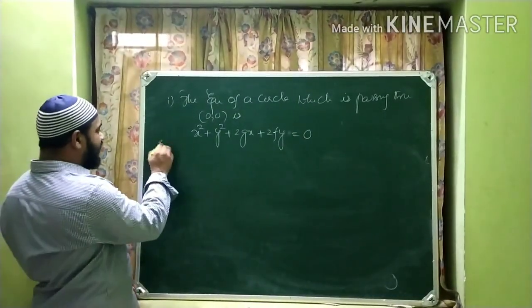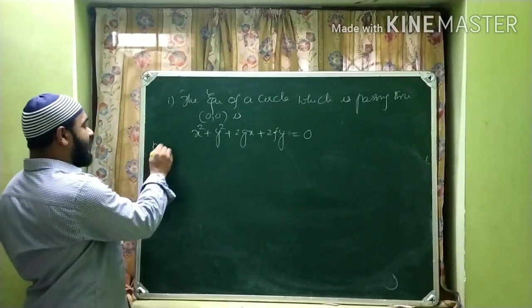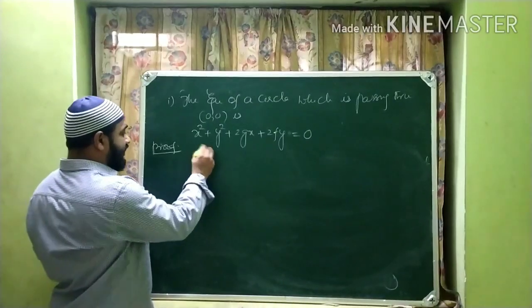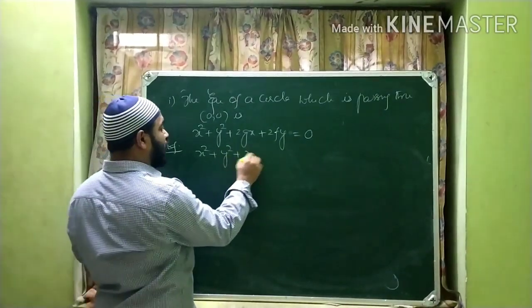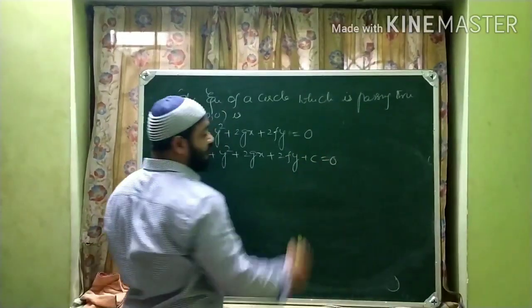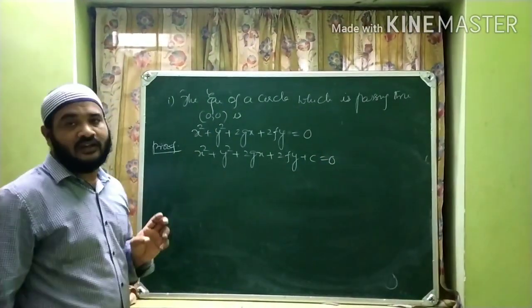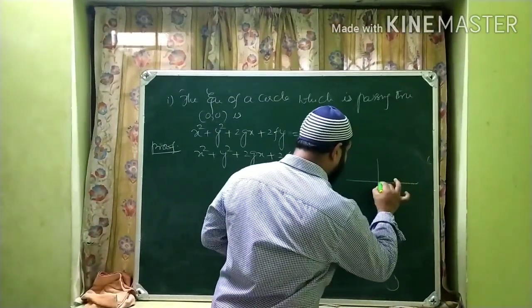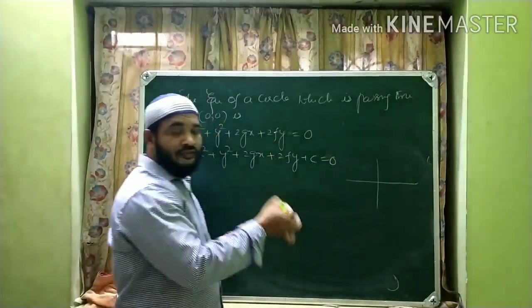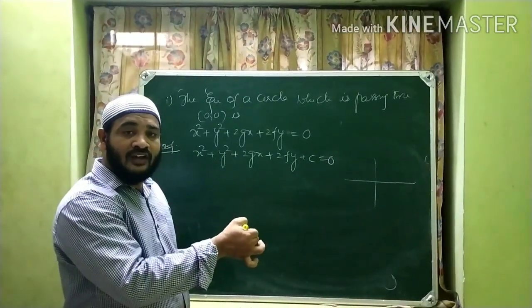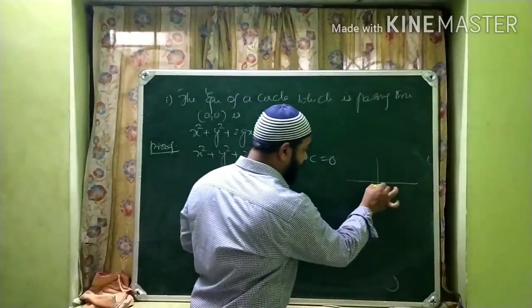So how do we get this? Let us take the actual circle: x square plus y square plus 2gx plus 2fy plus c equals 0. And what do we discuss here? We are interested to find out the equation of the circle that is passing through the origin.